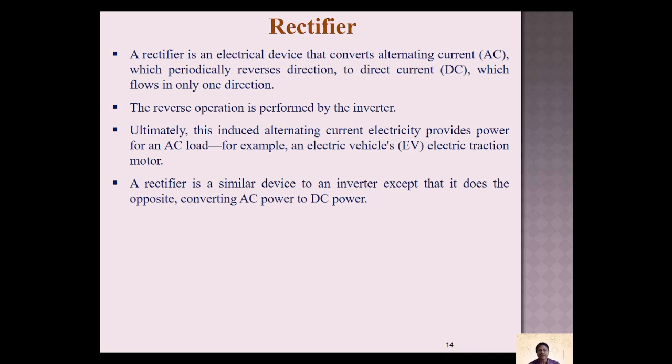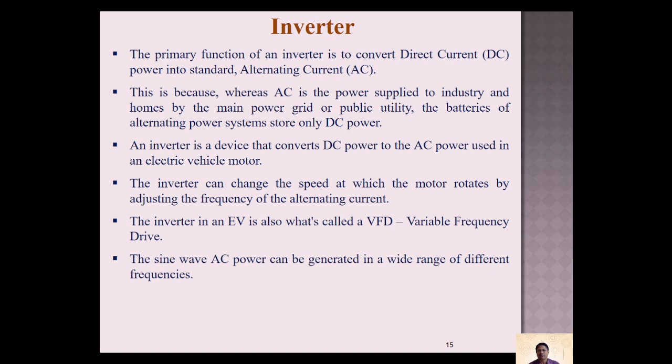A rectifier is a similar device to an inverter, except that it does the opposite, converting AC power to DC power. So the inverter is the opposite of the rectifier. It converts DC into AC.